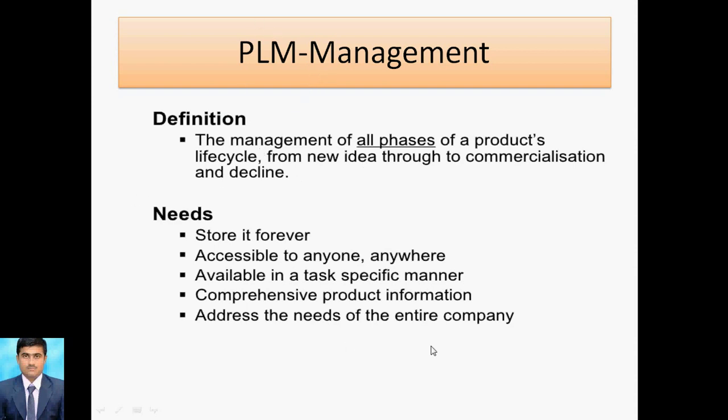Here, some needs or perspectives for PLM are that it can store forever, be accessible to anyone, be available in a task specific manner, and hold comprehensive product information. All the data and information are collected in the PLM software, which addresses the needs of the entire company. It can meet all the things from scratch to commercialization. So this is the importance of PLM management.